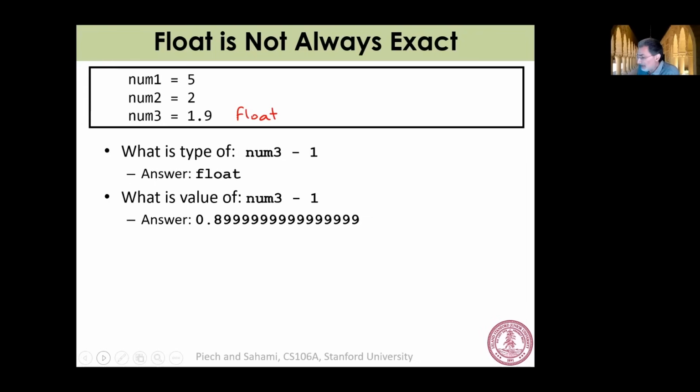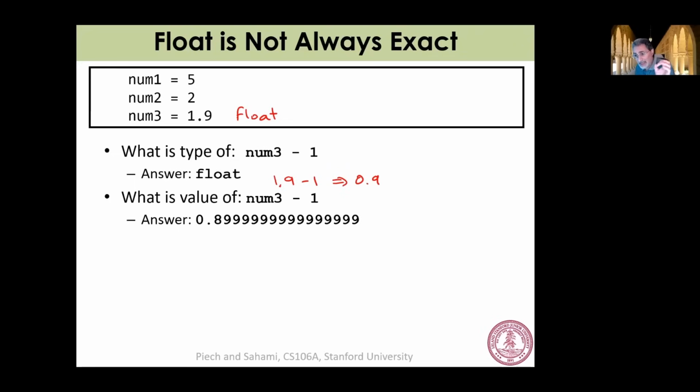Well, it turns out that because there's some imprecision when you represent real values inside a computer, there are some values Python can't represent exactly. So it uses the real value that is closest to the value you're trying to represent. So even though you know in your heart of hearts that 1.9 minus 1 should be 0.9, the best Python can do to represent it is 0.8999999.